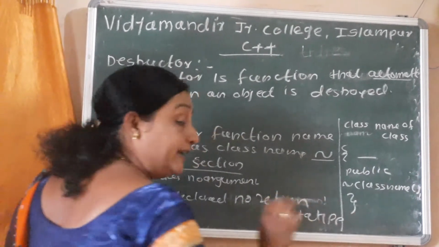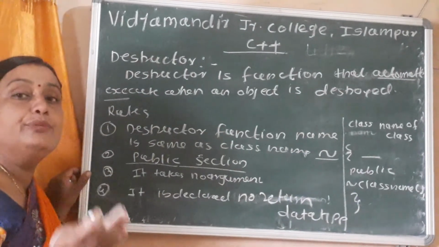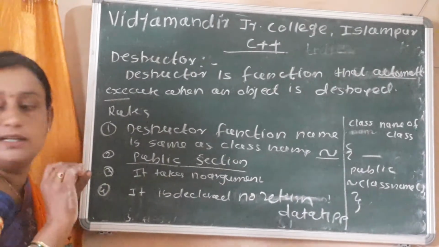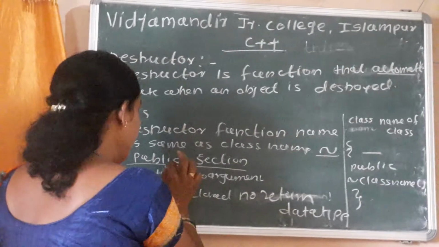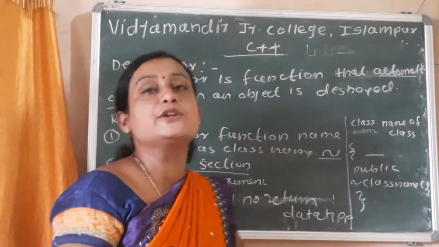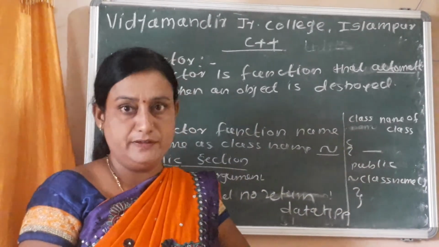That is, we can't give any data type before the destructor function. Those are the basic four rules for the declaration of the destructor function.